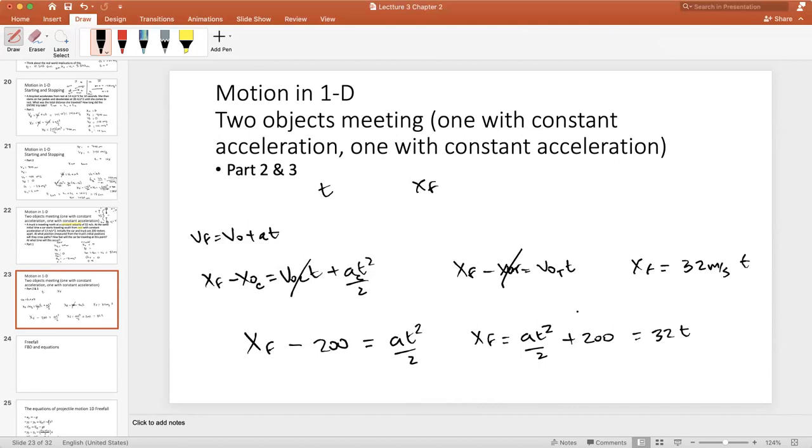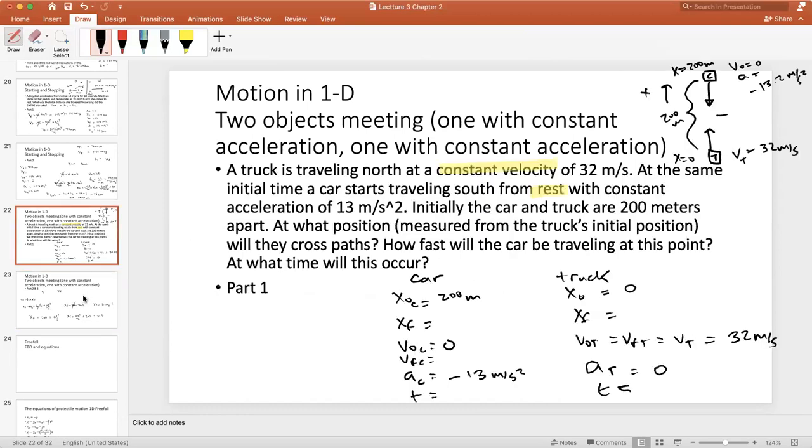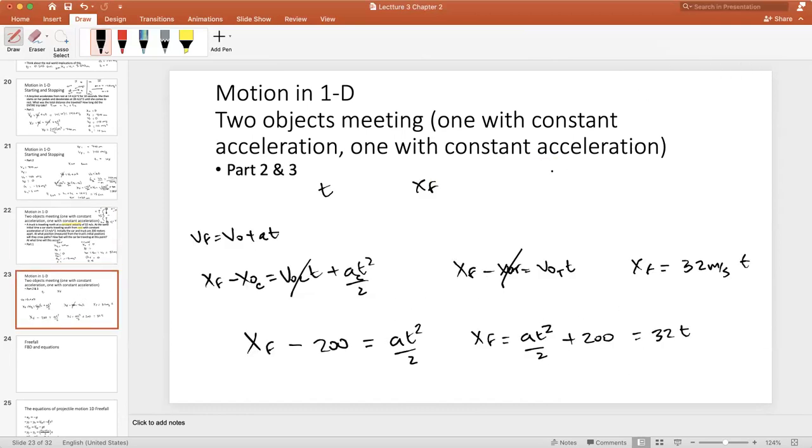And if you look at this, what was A for the car? 13. So this is really, if I move this over, I can set this equal to 0. So I have 0 is equal to 13 divided by 2, that's the car's acceleration with a minus sign, times T squared minus 32T.